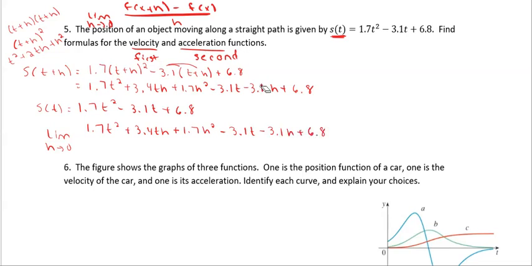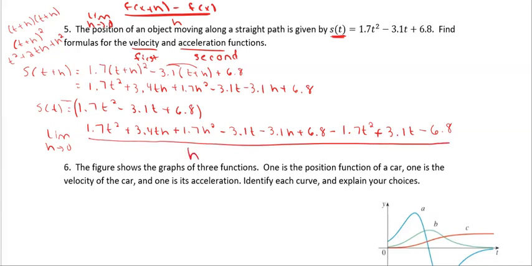Let me clean this h up right here because that was supposed to be a 1. Here we go. Now we need to do minus, and we need to do all of this. So let's distribute that negative through. Minus 1.7 t squared. Distributing our negative, a minus in front right here would be plus 3.1 t. Distributing our negative, a minus from the front, a positive here, minus 6.8, all over h.